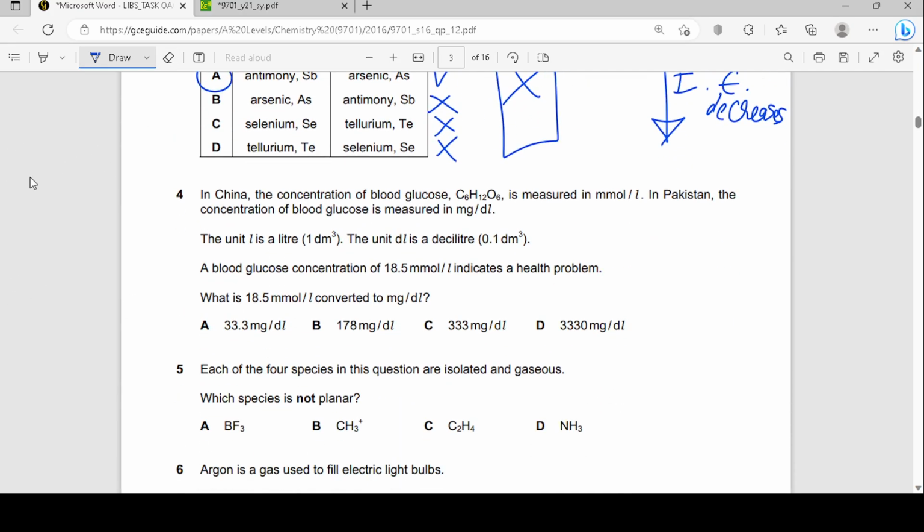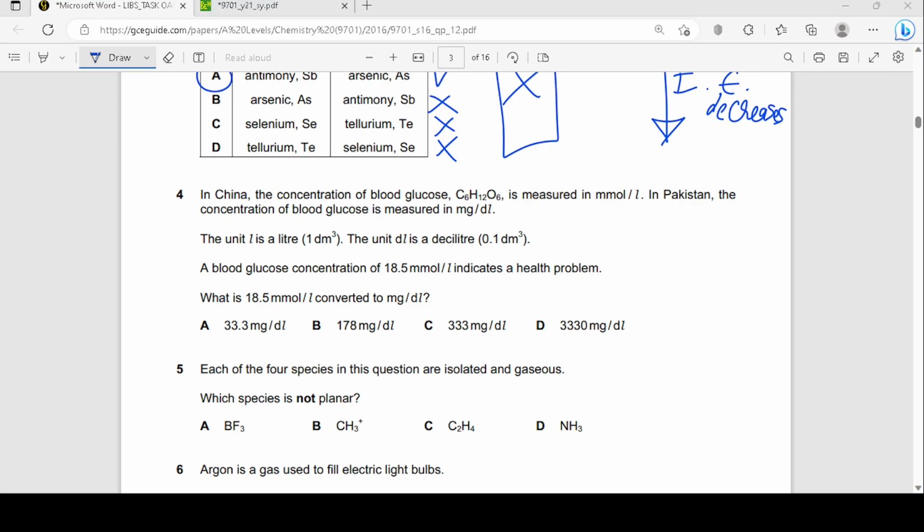Alright, next question, question number 4. In China, the concentration of blood glucose C6H12O6 is measured in millimoles per liter. In Pakistan, the concentration of blood glucose is measured in milligrams per deciliter. Okay, interesting.